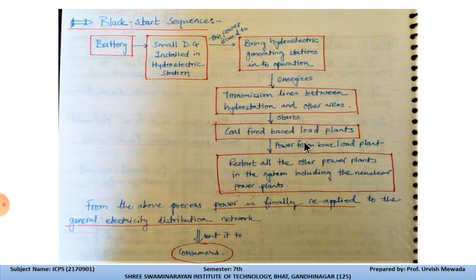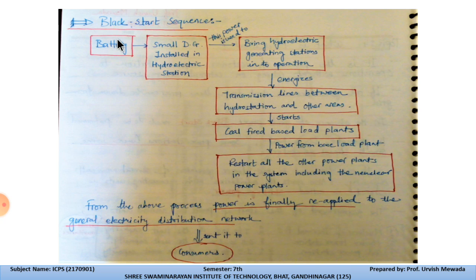Now power from the base load plant will be useful to restart all other power plants in the system, including the nuclear power plants, where the large power requirements are there for restarting or restoring. And from the above process we can see that power is finally reapplied to the general electricity distribution network, and sent to the consumers.